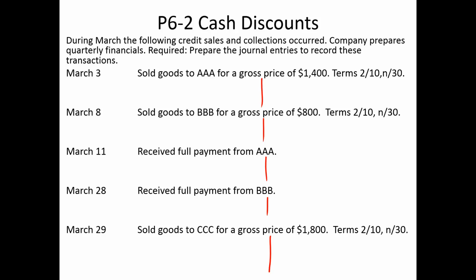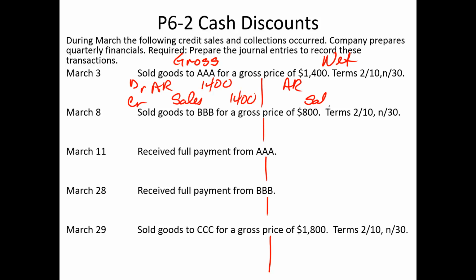On March 3rd, when we sell goods to AAA at a gross price, if I was doing the gross method, it would be debit accounts receivable, credit sales for $1,400. But if I was using the net approach, it would be debit accounts receivable, credit sales. The terms here are 2, 10, and 30, so it would only be recorded at 98%.